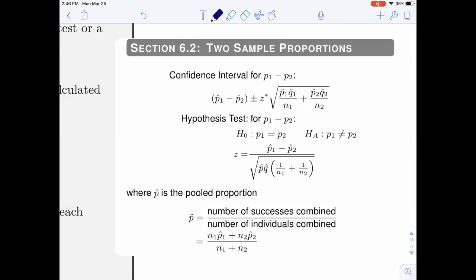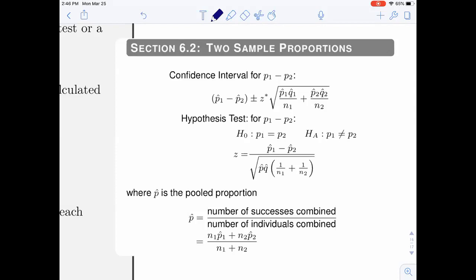Our Z that we calculate, here's where things get a little different, but not too bad. We've got our P1 hat minus P2 hat, that's fine. Then we've got just plain P hat, and that's going to come from our pooled proportion. So when we're pooling it, we're just saying, okay, we're going to combine the number of successes over the total number of individuals, so your total sample sizes.